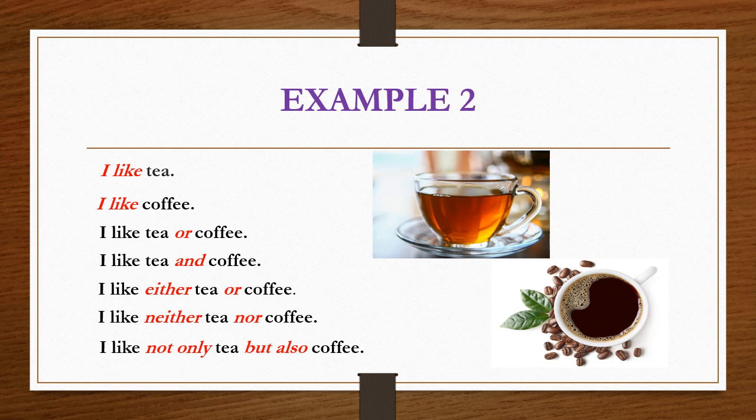And the wrong sentence is: I not only like tea but also coffee. There is a slight difference between the correct sentence and the wrong sentence. In the wrong sentence, I spoke I not only like tea. In the correct sentence, it is I like not only tea.